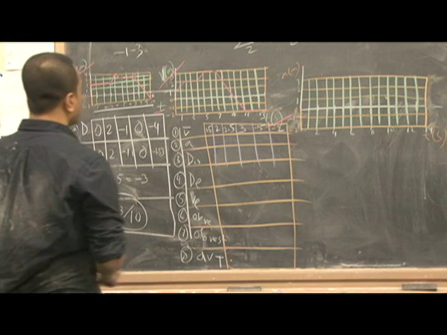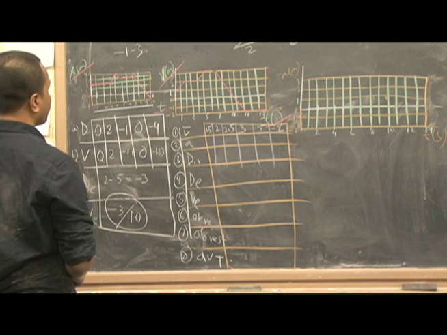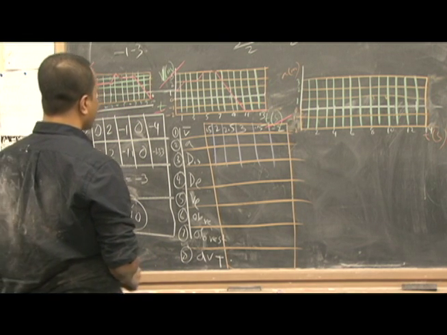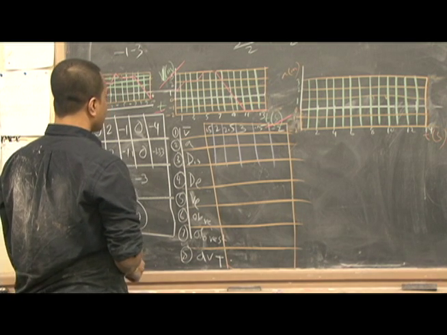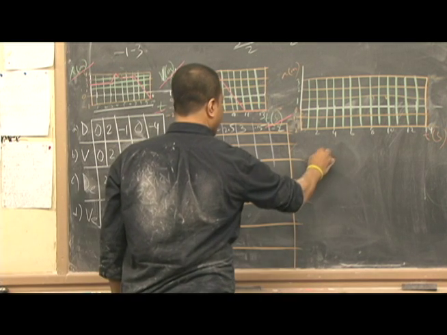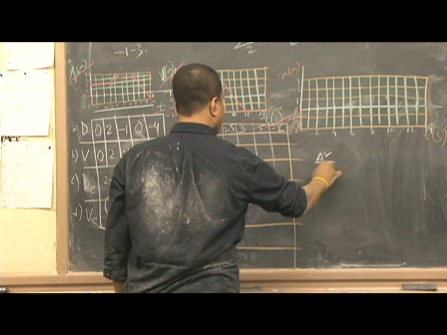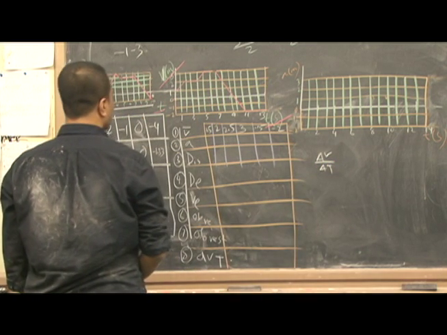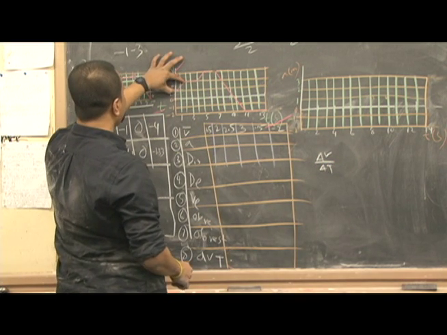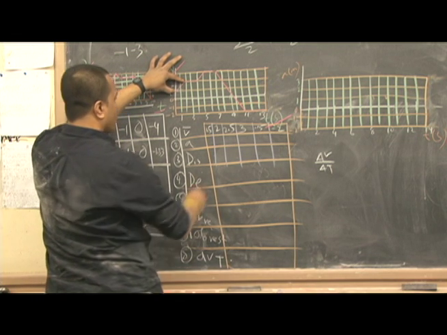All right, so the acceleration is delta V over delta T. So delta V over delta T over here is 1.5.